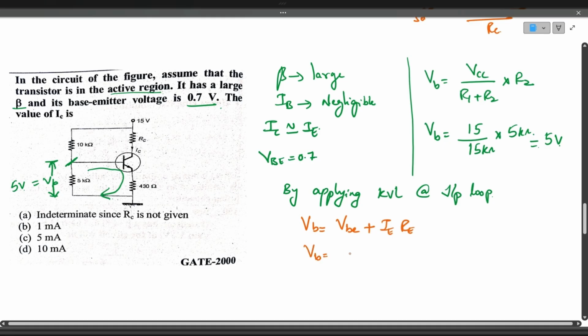So VB is equal to VBE, which is 0.7 volts, plus IE times the emitter resistance of 430. Now the base voltage is 5 volts. You substitute that here, and then you will get the emitter current IE as 10 milliamps.